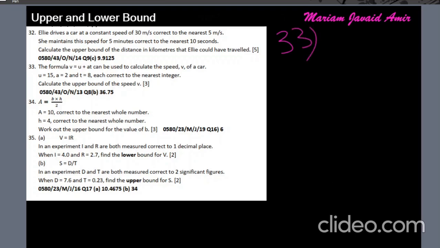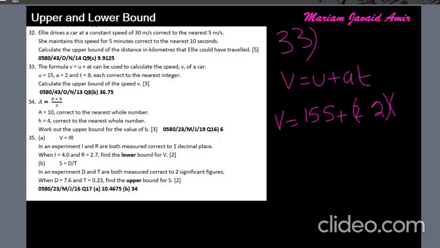Okay. The formula V equals U plus AT can be used to calculate the speed V of a car. U is 15, A is 2, and T is 8, each correct to the nearest integer. Calculate the upper bound for V. So we'll take upper values for all of these. U will become 15.5 plus A will become 2.5 times T will become 8.5.